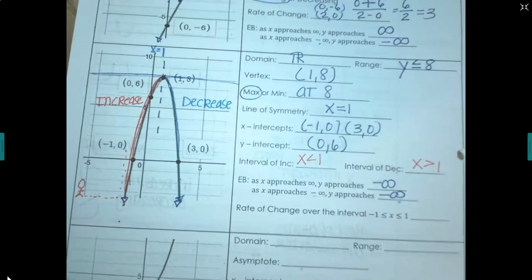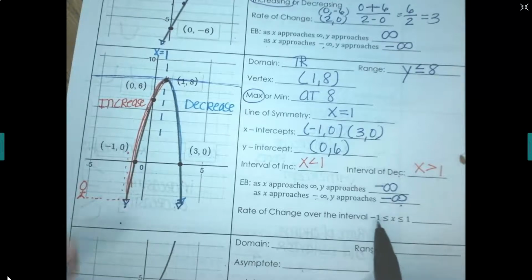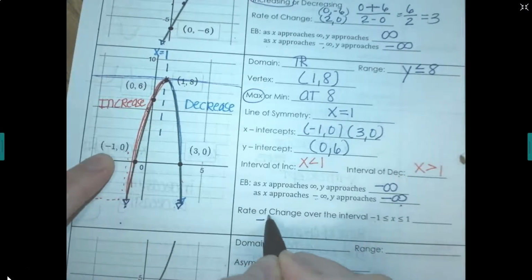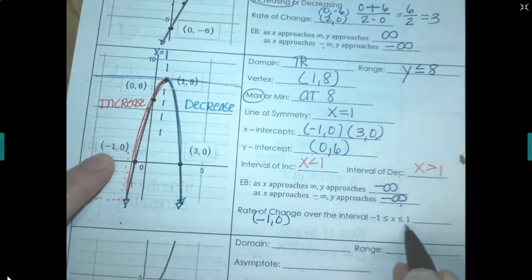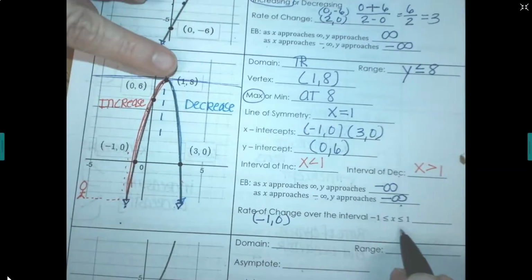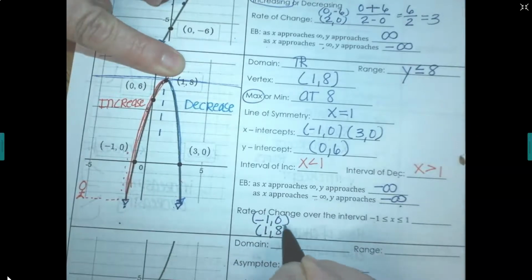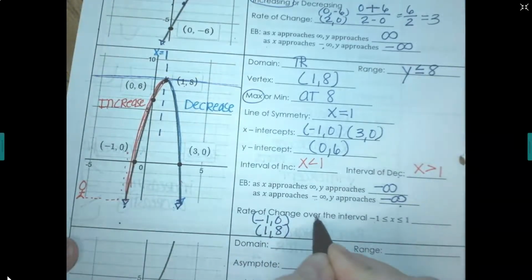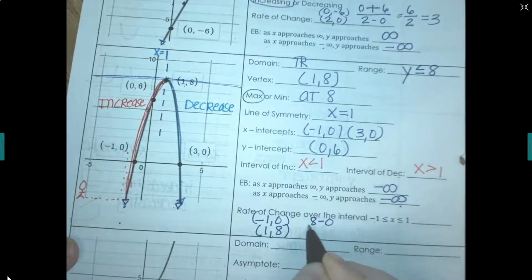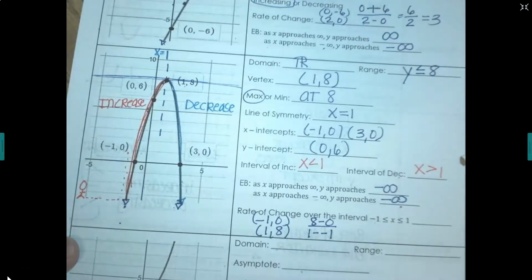So this is slope. So I'm looking where x is -1, that's that point, (-1, 0). And where x is +1, which happens right here at our vertex. Do you see the +1? So that's (1, 8). And now I use my slope formula. y minus y divided by x minus x. So it was a 1 minus a -1.